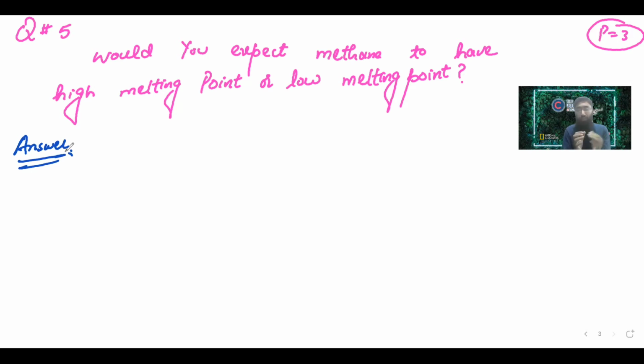If these forces of attraction are strong enough, then we need a big amount of energy to overcome them, and this indicates that the substance has a high melting point. But if the forces of attraction among molecules are not strong enough, then we don't need to provide a big amount of energy to overcome them. Such a substance, when we provide a lesser amount of energy, has a low melting point.